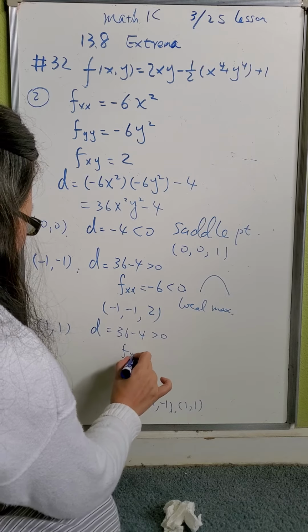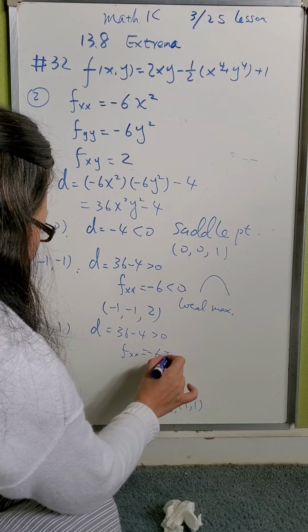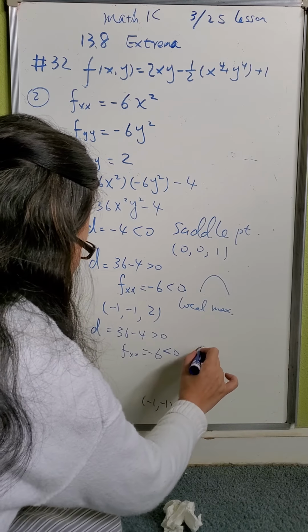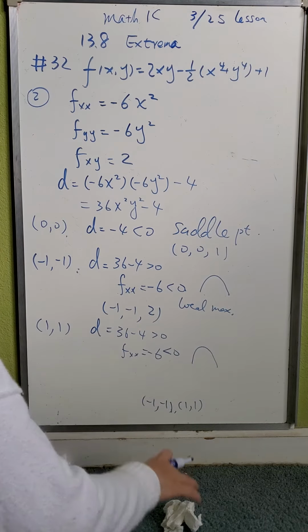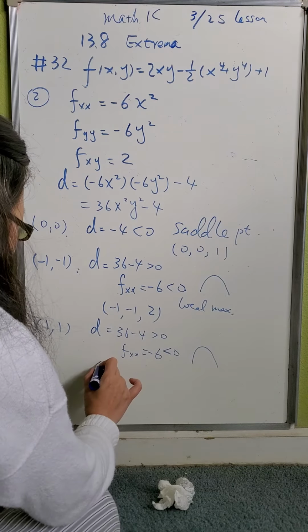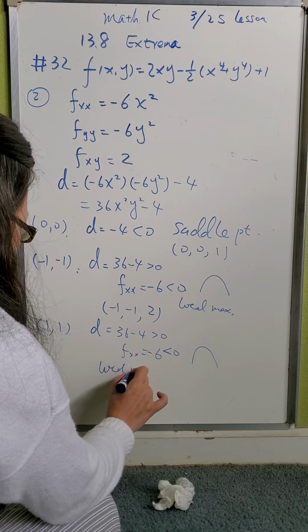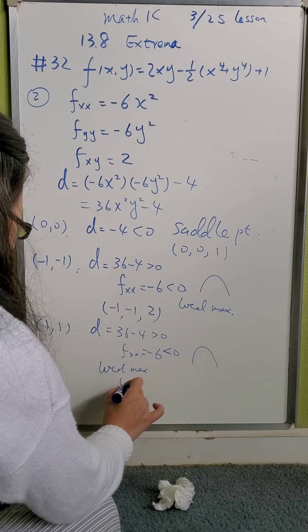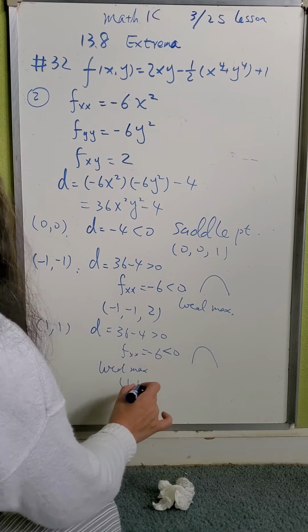And your f_xx also equal to negative 6, less than 0. And then another local max. So local max at the point (1,1), also 2.